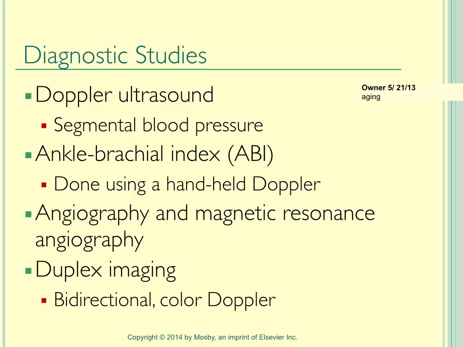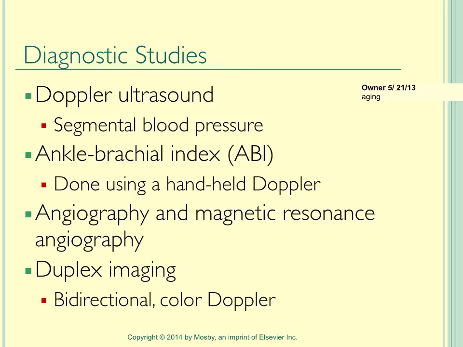Then the ankle brachial index is calculated by dividing the systolic blood pressure at the ankle by the systolic blood pressure at the brachial artery. When you have brachial, you will think which one, right or left.